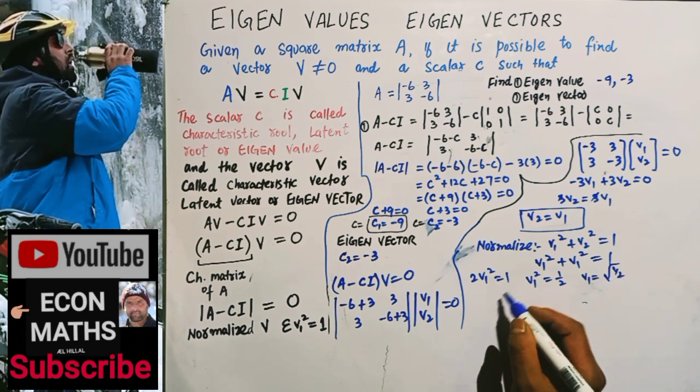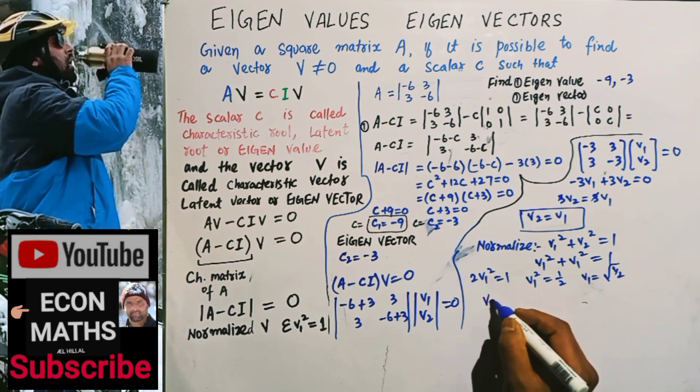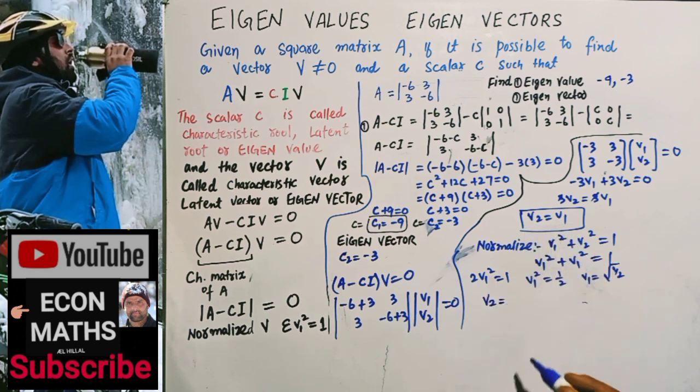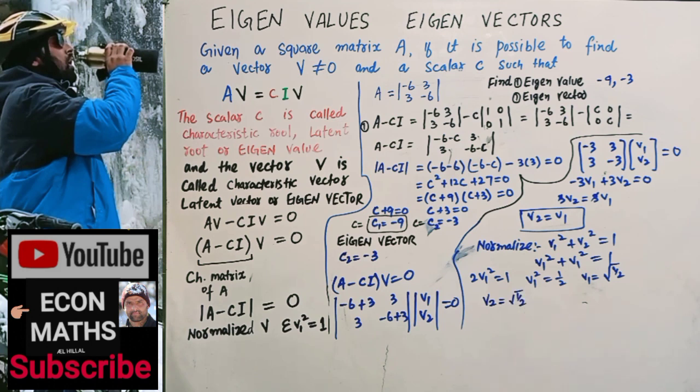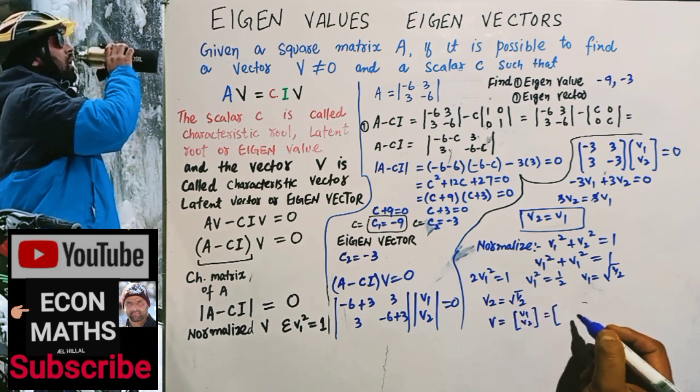That gives us v2, because v2 is equal to v1, also equal to under root 1 upon 2. That means our second eigenvector will be v1 v2, which is equal to under root 1 upon 2, under root 1 upon 2. So we got two eigenvectors here. I hope I make myself clear in this video. Thank you.